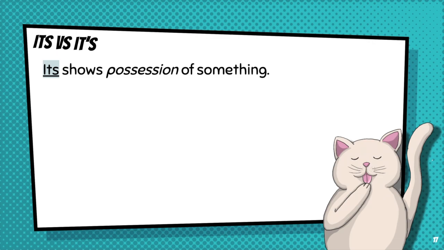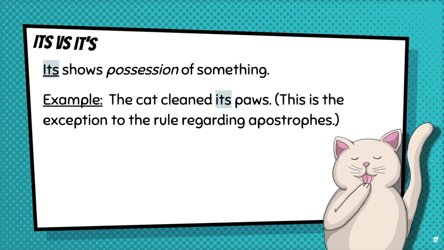And the reason for this is because we want to clarify between the two different versions of it's, basically. So if we want to show possession, like in this example, the cat cleaned its paws, we want to just leave it as it is.